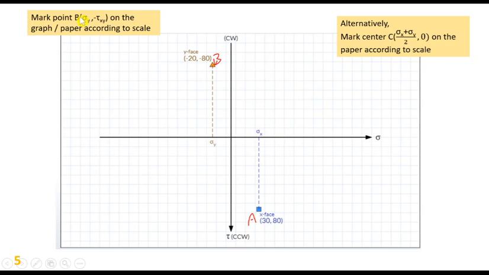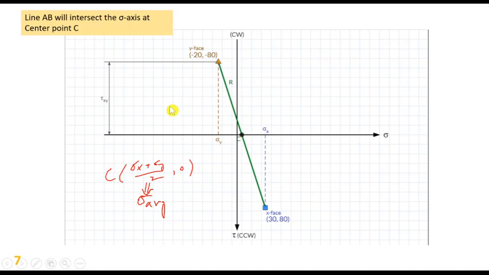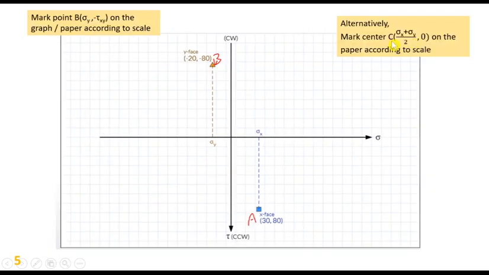The result of taking point B or point C will be the same, and when we join points A and B, you will get point C. So this is one way to get point C, and another way is to take center C with these coordinates.